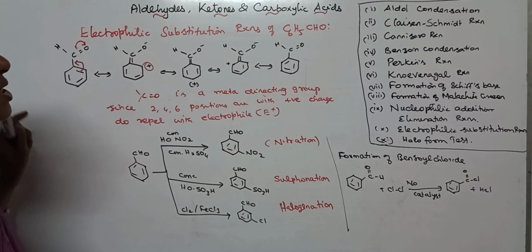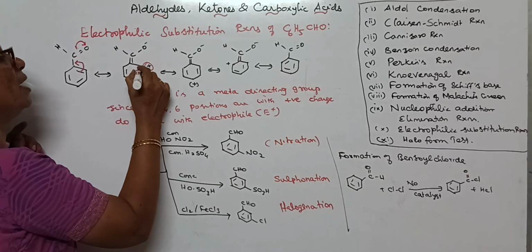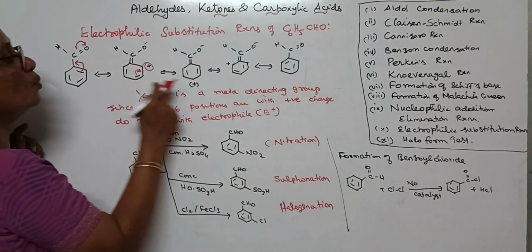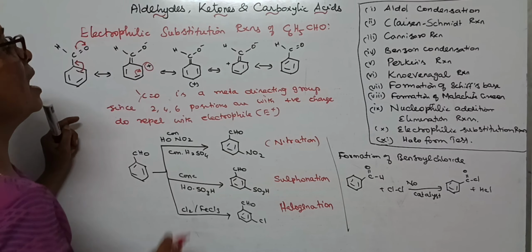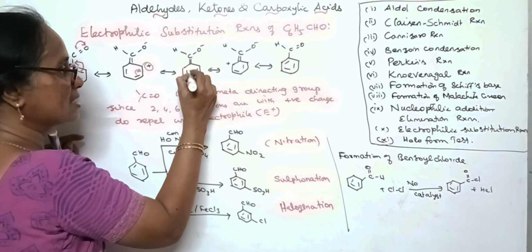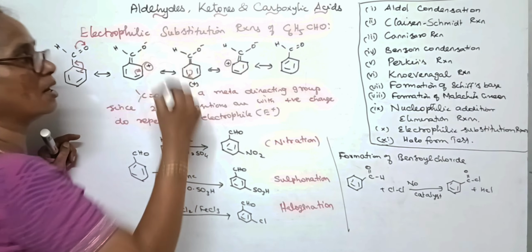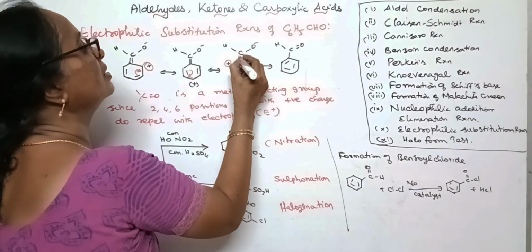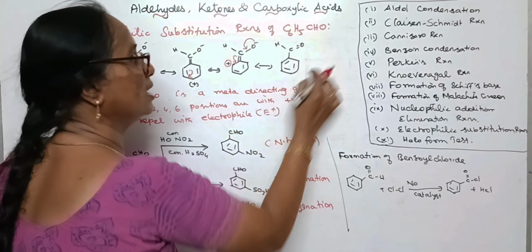Now, this positive charge will be attracted by the adjacent pi bond. So, this pi bond moves towards the positive charge, and now the fourth position carbon acquires a positive charge. And now this pi electron moves towards the positive charge, so the sixth position carbon acquires a positive charge. Later on this bond will come inside and here that moves, and we are getting benzaldehyde.